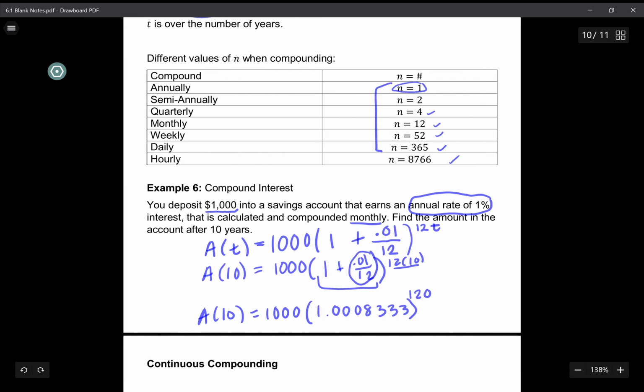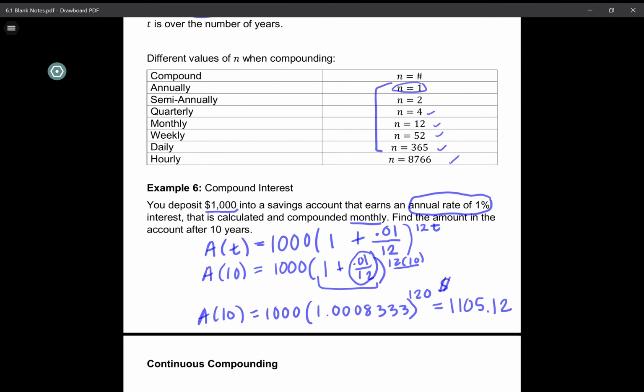So now when we look at our order of operations, we need to do the exponent first and then multiply by 1,000. So I'm just going to leave that number in my calculator, raise x to the y to 120, and then I got 1.10512. I'm multiplying that by 1,000. And now for my final answer, I got 1105.124, so 0.12 when I round to the nearest penny.